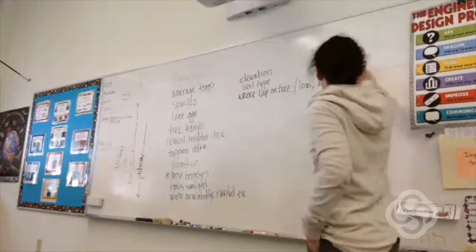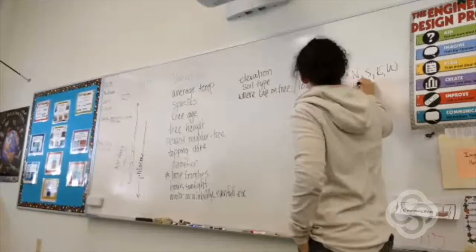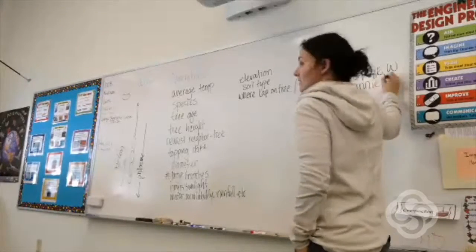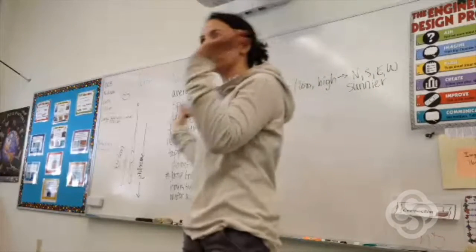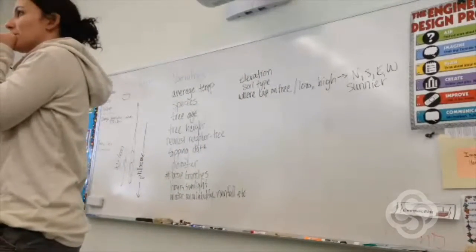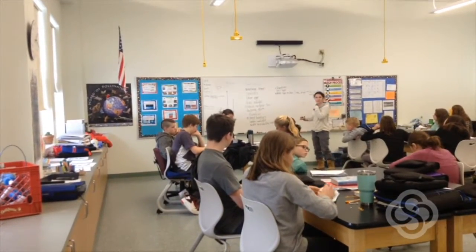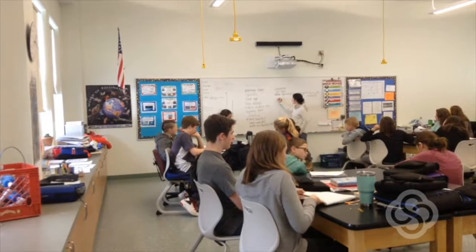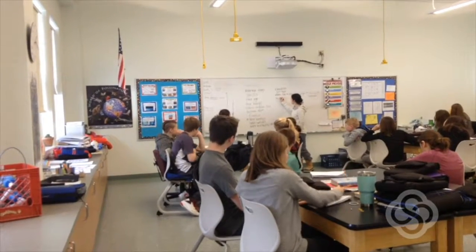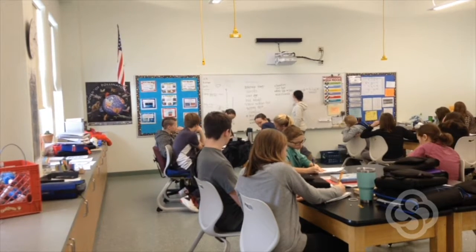So are we going to do north, south, east, west? We could do the sunnier side, depending on if it's got a lot of neighbors, things like that. Great. The location, like if it's out in a field or if it's on a hill. Yeah.